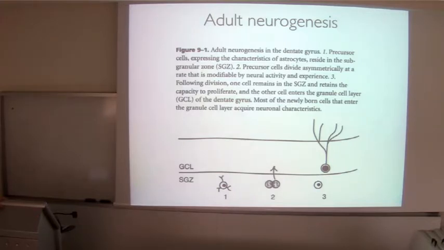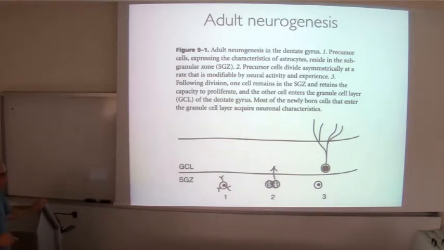But basically we know today that there are progenitors doing asymmetric division into new dentate gyrus neurons, and these neurons are integrated into the circuit and become functional. Now, it's obviously tempting to think that this is related to memory and stuff like that. We don't know almost anything about it.